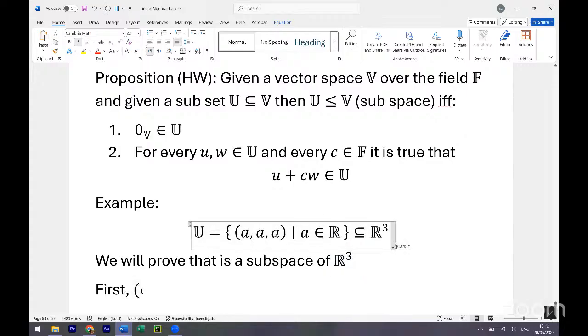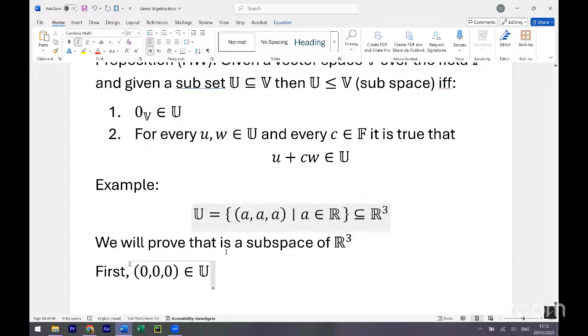And the first thing we need to make sure is that the zero vector is there. And obviously it is, right? If you choose a to be 0, then (0, 0, 0) is within that set.